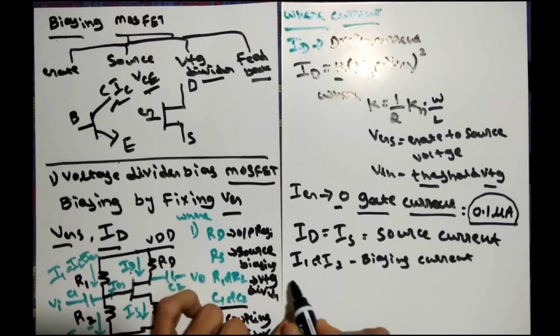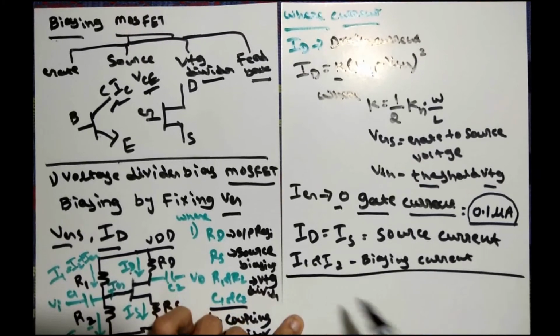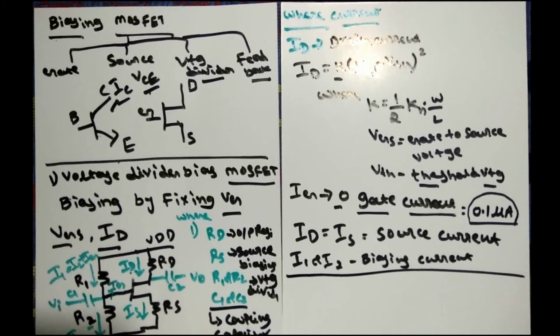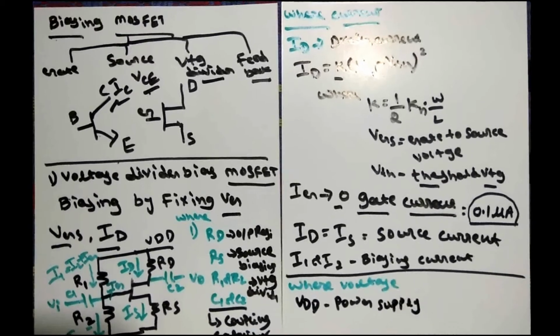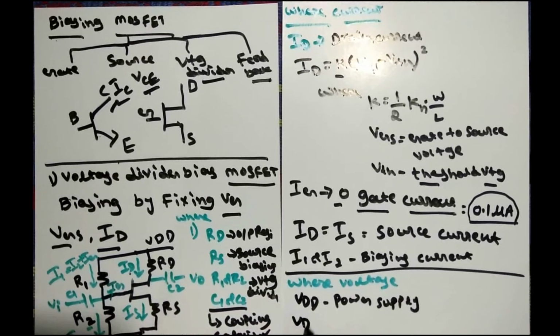Next we are going to look at some voltages present in this particular circuit. First we have VDD, which is nothing but the supply voltage or power supply, and here we are taking the source as the common terminal, source is ground. So gate with the source and drain with the source we can take. One voltage is VDS, another voltage is VGS.